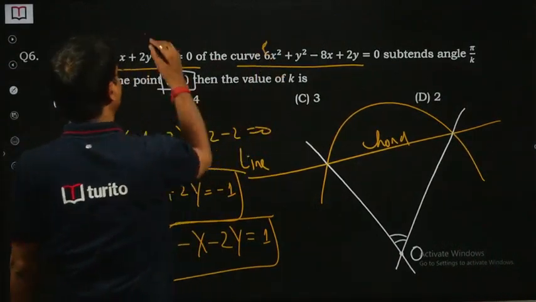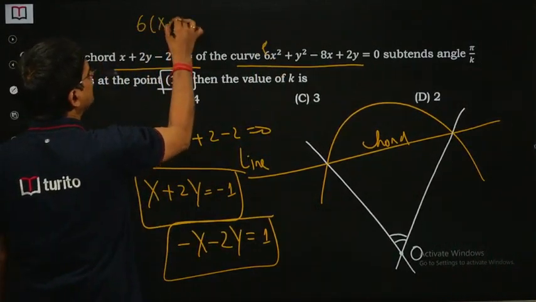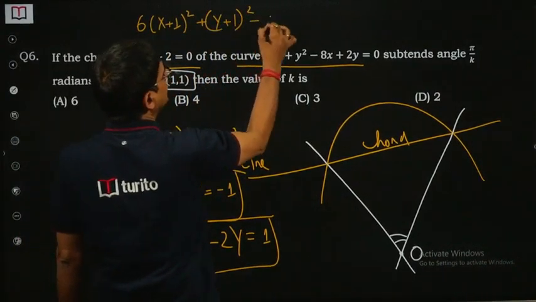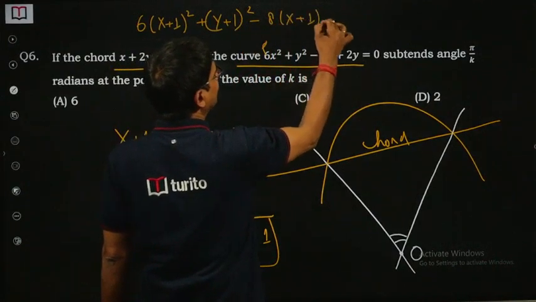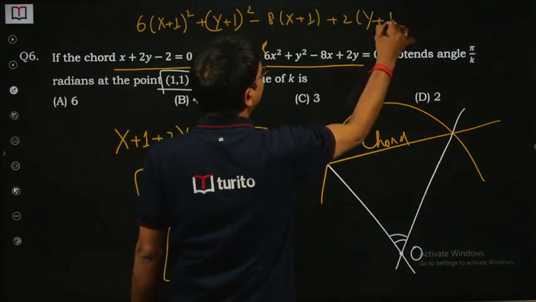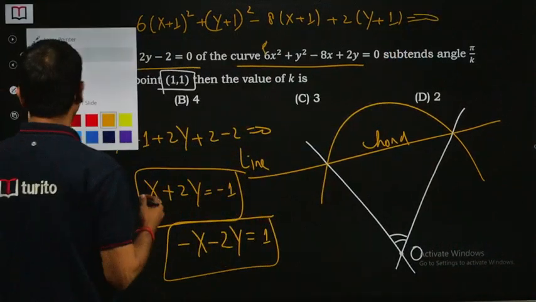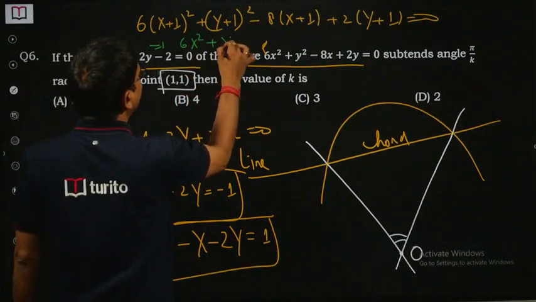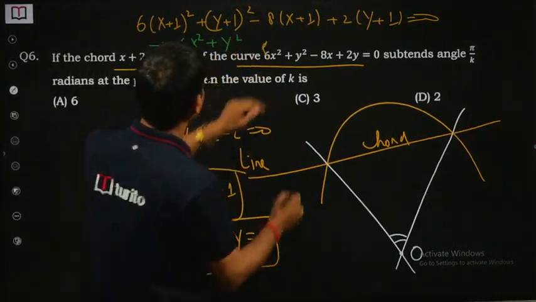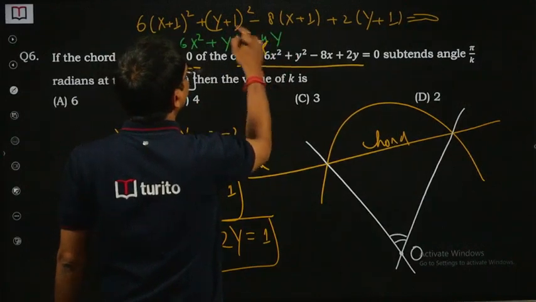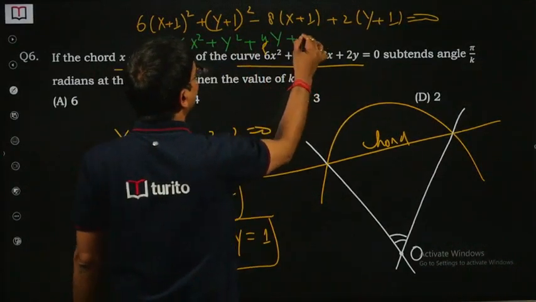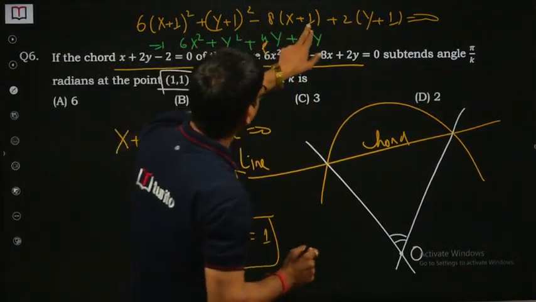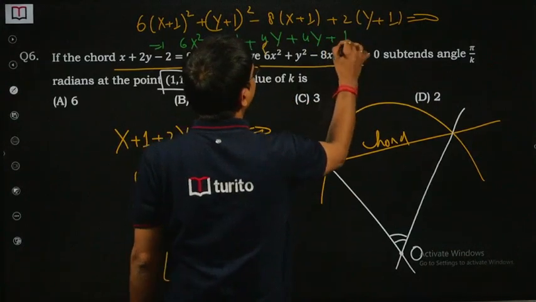Now changing the curve also, I will do it here itself. X plus 1 whole square plus Y plus 1 whole square minus 8 times X plus 1 plus 2 times Y plus 1 equal to 0. Let's simplify. So 6X square plus Y square, this is 12X minus 8X is 4X, 2Y plus 2Y is 4Y, and the constant, if I am not wrong.